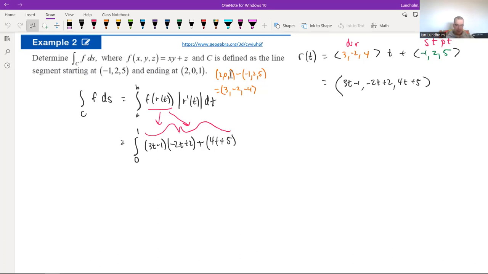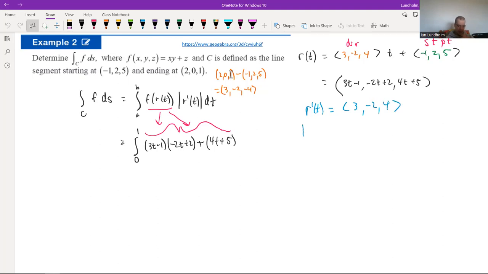And then, we haven't figured out the derivative yet, but we can do that. Actually, the derivative here is going to be a nice bunch of constants. Let's go with blue. Our r prime of t is going to be 3, negative 2, and 4. It's just our direction vector.